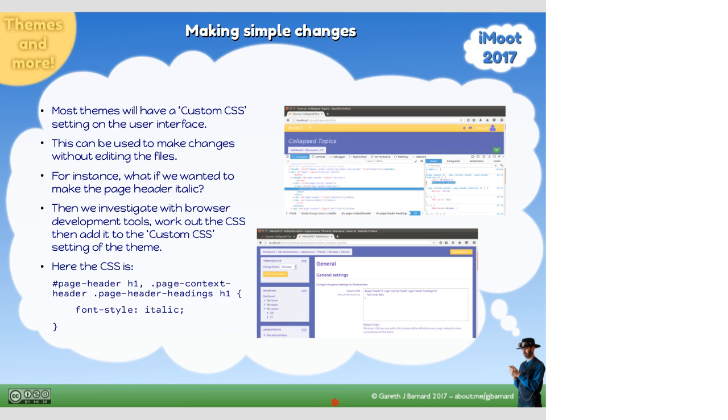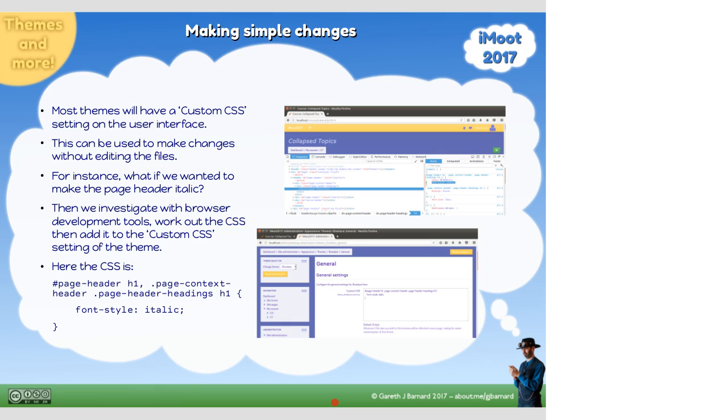Now, making simple changes. Often you go to a theme developer or the themes forum and say, I want this. But you, as an administrator, or a teacher via your administrator, or you can even try it on your demo site or test site, which I'll come on to in a minute or two, can make simple changes.